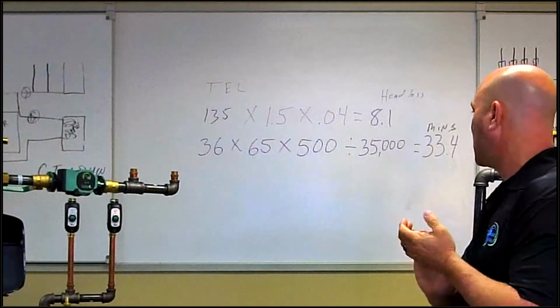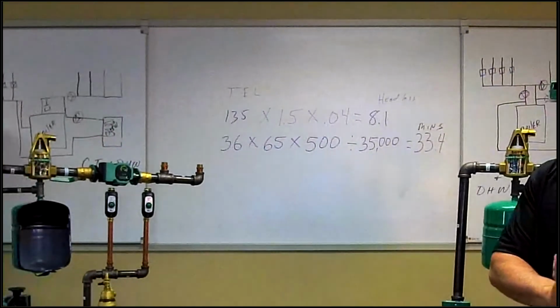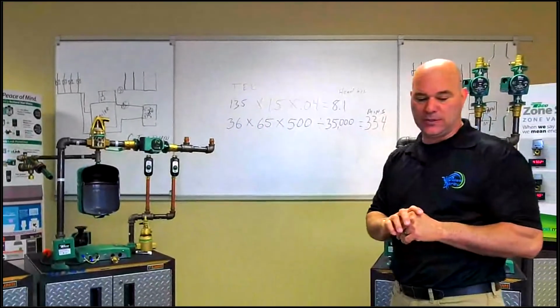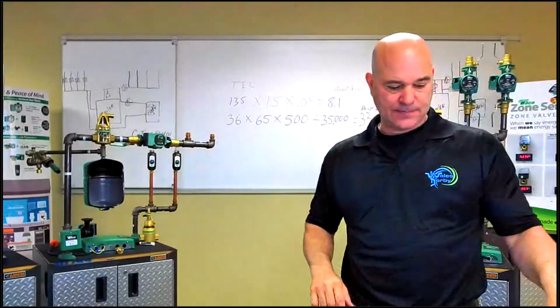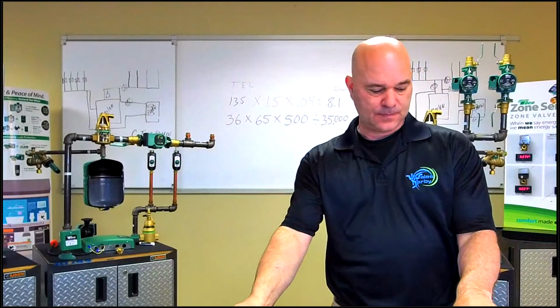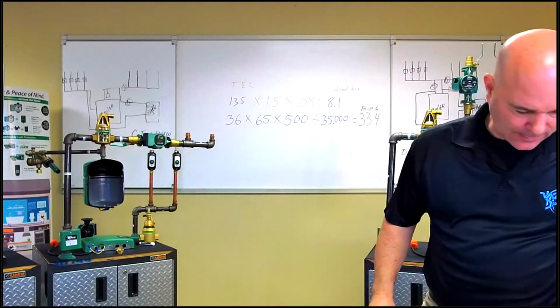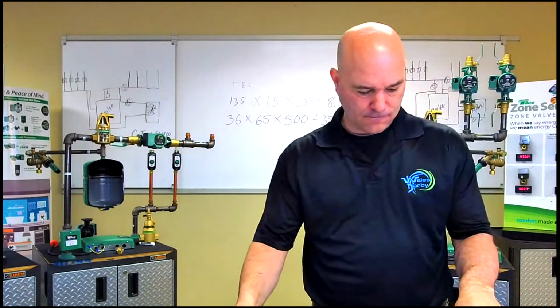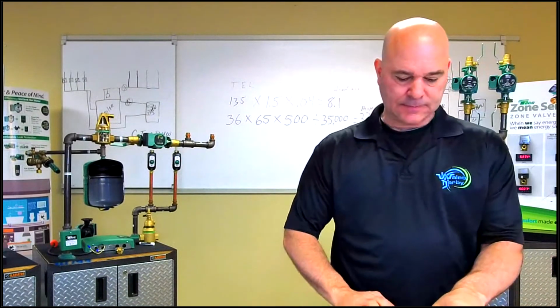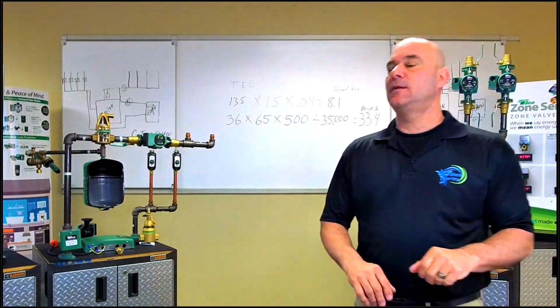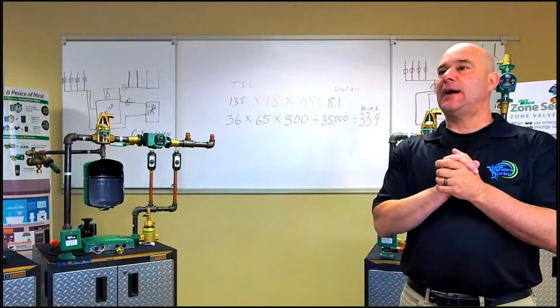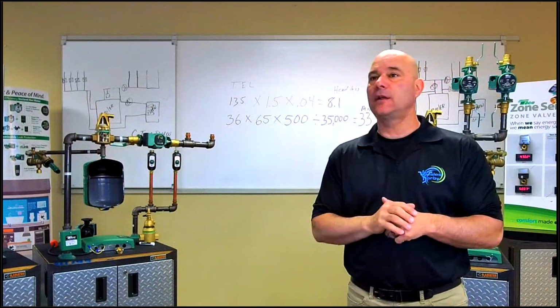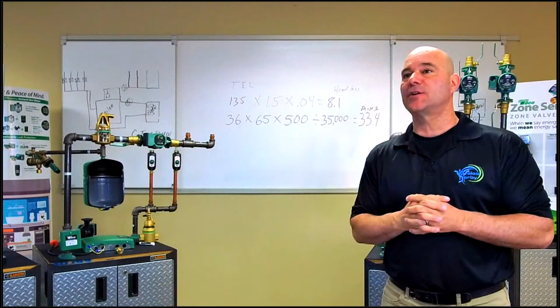For your circulator chart, figure this out, you'll probably be using page 52. If anyone needs a circulator chart on the screen, I can click through and get you a circulator chart if need be.